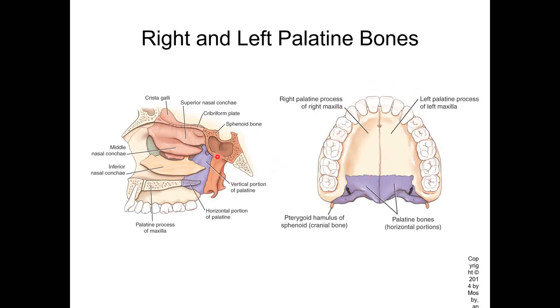All right, and then this is just an internal view of what all that looks like, your palatine process of your maxilla. Palatine bones are back here. It's also showing your nasal concha, which we don't really have to worry about too much, but I just wanted to point out the hard palate being the maxillae, and then more your softer palate being your palatine back here.